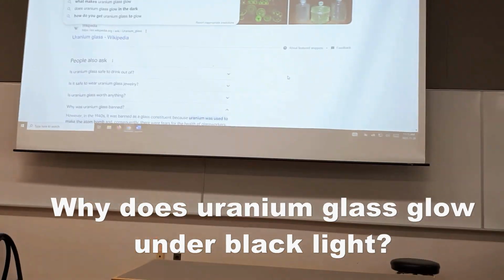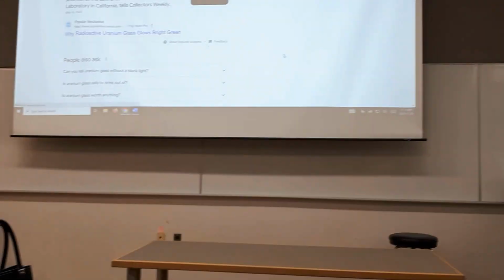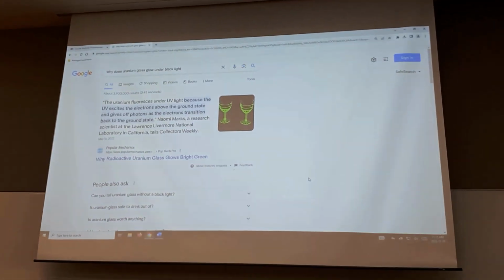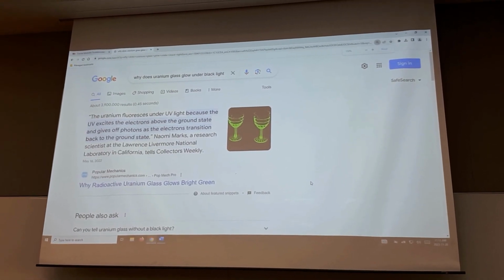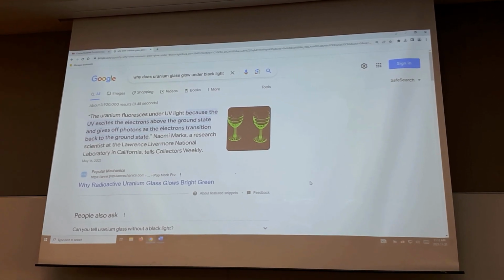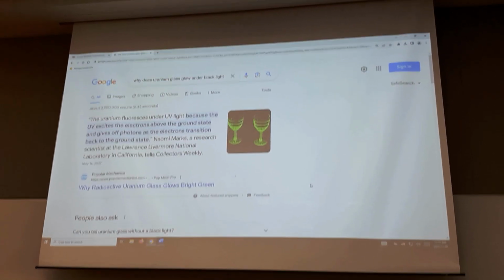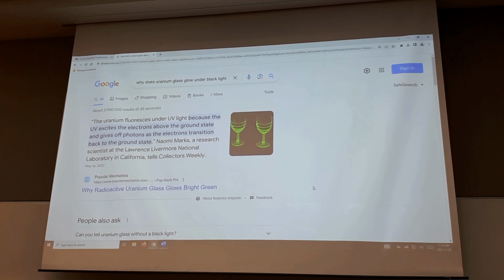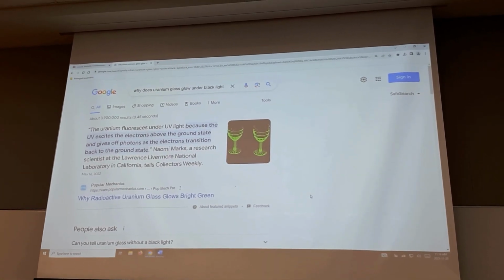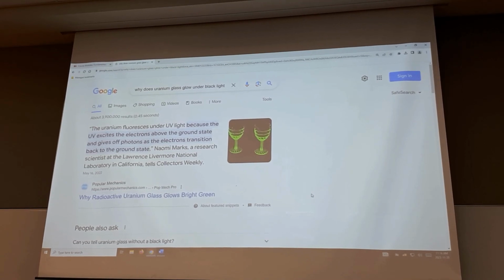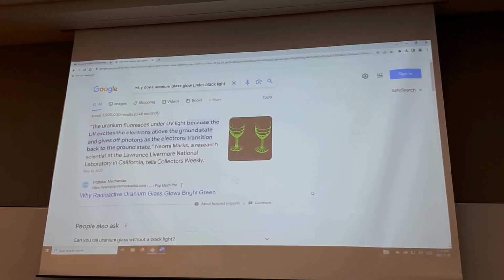I'll put down a black light. Black light, ultraviolet light, they're one and the same thing. There it is. So uranium glass fluoresces under ultraviolet light because the UV excites the electrons above the ground state and gives off photons as the electrons transition back to the ground state.